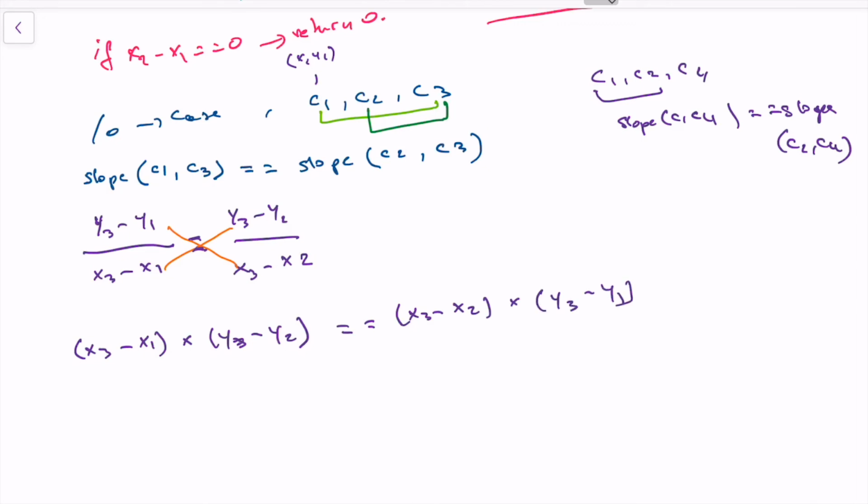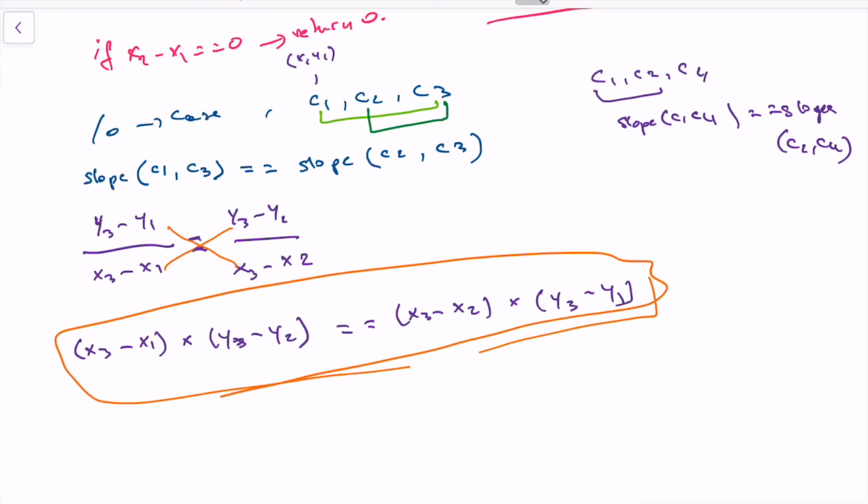This has to be equal for every 3 points, for all of them to have the same slope. So what we'll do is apply this to all the coordinates: pick C1 and C2 as the first 2 coordinates, and check that any other point Ci, plugged in place of C3, satisfies this equality. If it does, then we have a solution.